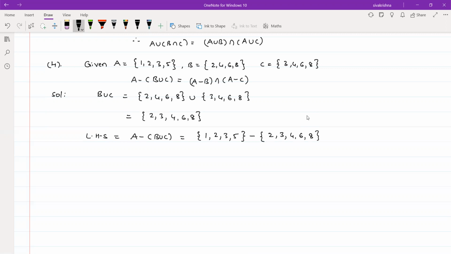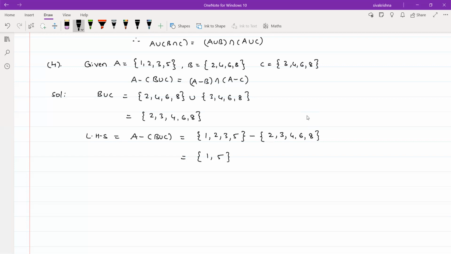Okay, so if you find the value of A minus of B union C, then we get, okay, here since we have 2 in common in both the sets, we can't write 2 in A minus of B union C. And we also have 3 in both the sets, so we cannot write 3 in A minus of B union C. So we have to write only 2 elements, and those are 1 comma 5.